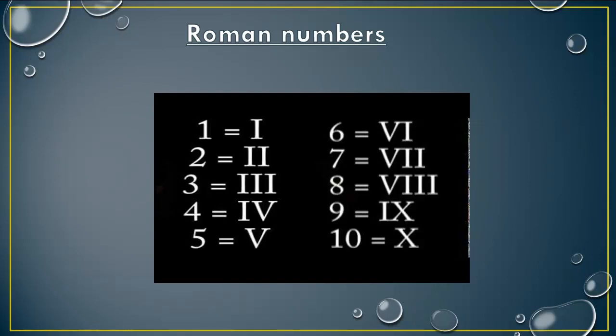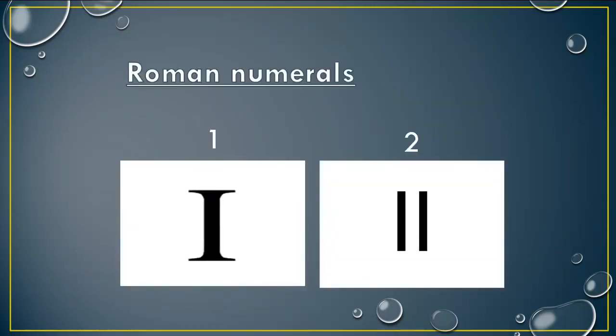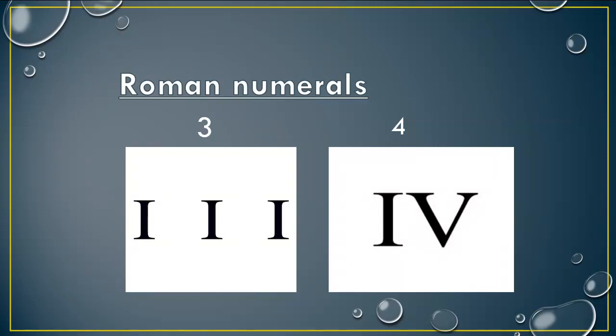What about 1? Well, they wrote I, that was 1. And what about 2? They wrote two I's and this is how they represented 2. What about 3? Three I's. What about 4? Well, according to the natural order, you may say that we can write 4 as four I's, but this is not correct.